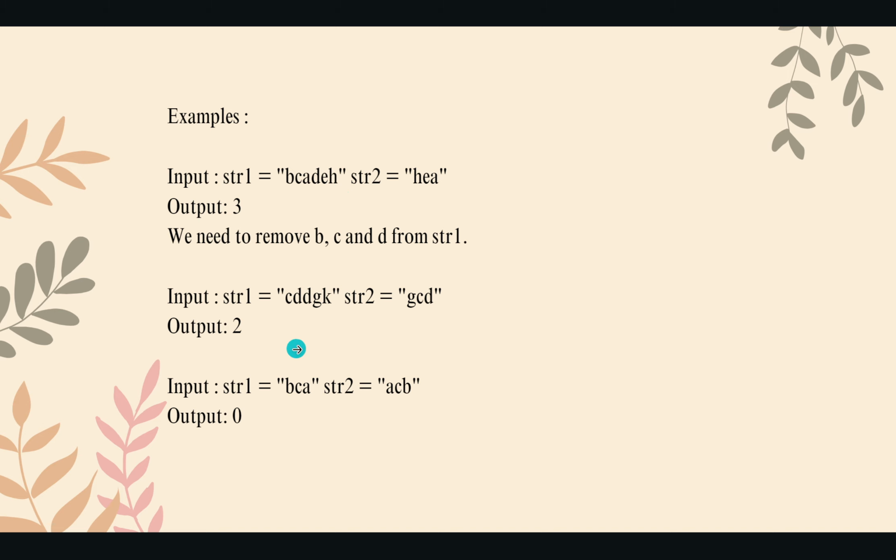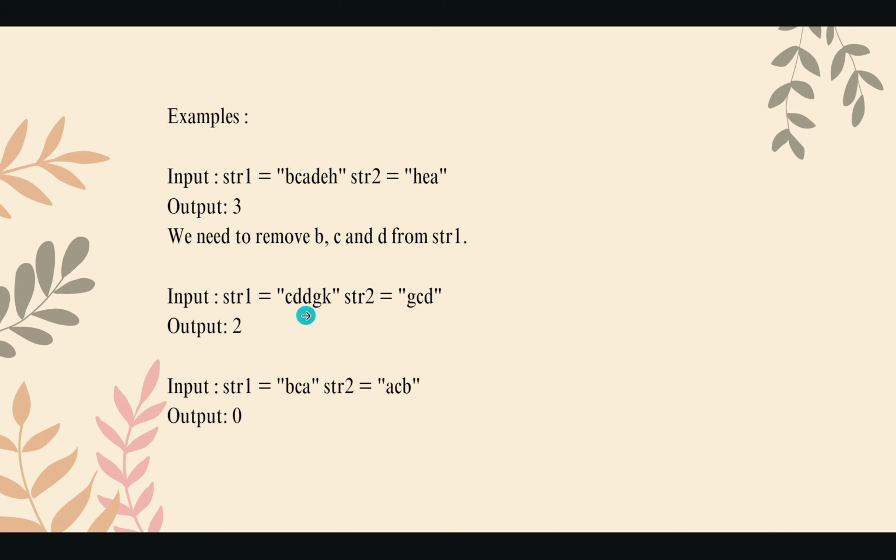That is the output. Now coming to example 2. The common characters in both of these strings are G, C, D. Now you should remove the different elements which are not common. The different elements which are not common are D and G, as this is a duplicate element.